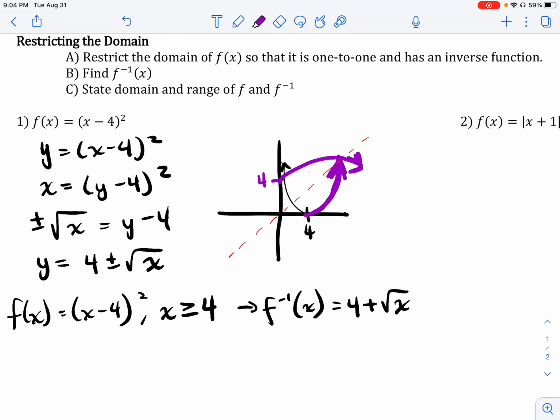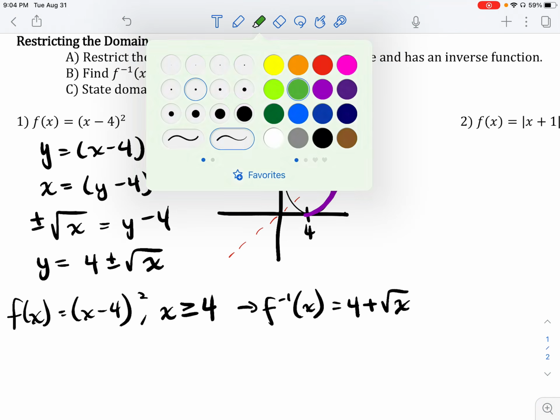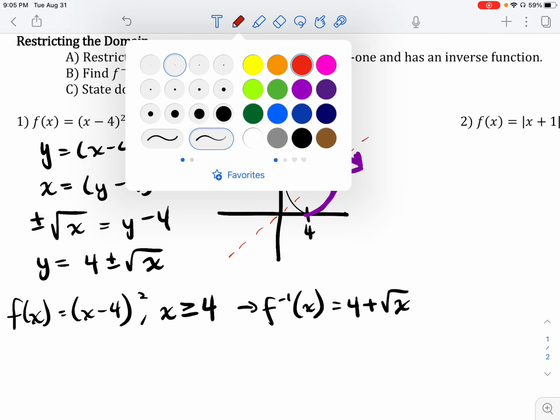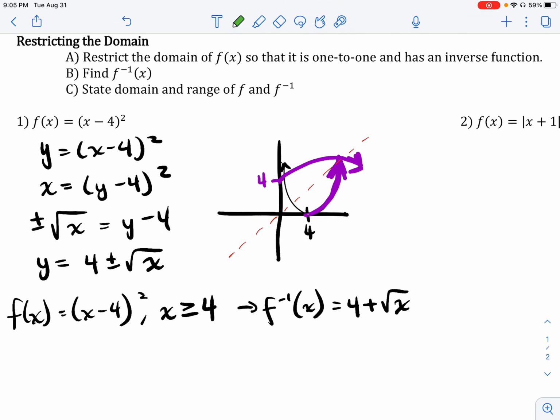Now suppose instead I had chosen the domain restriction x is less than or equal to 4. Actually, let me go back and just do that with my pen, where x is less than or equal to 4. In other words, this part of the parabola here. Well, in this case, I would say the following. I'm choosing the function x minus 4, where x is less than or equal to 4.